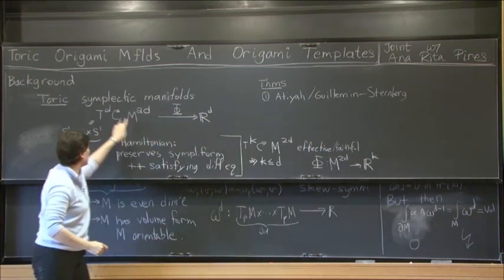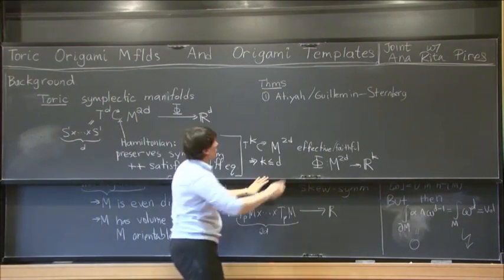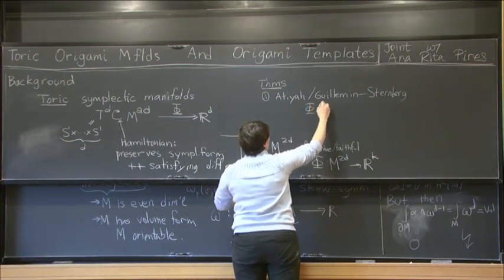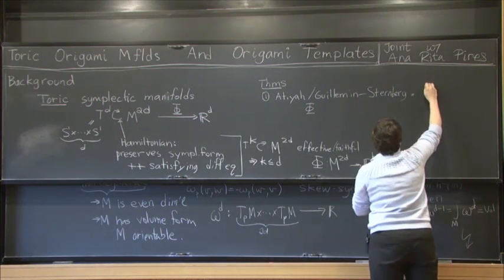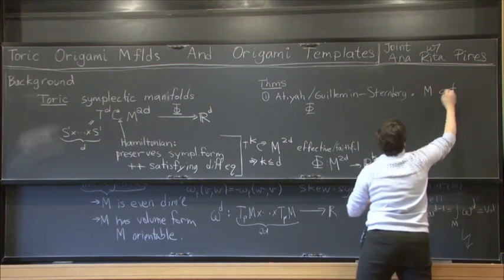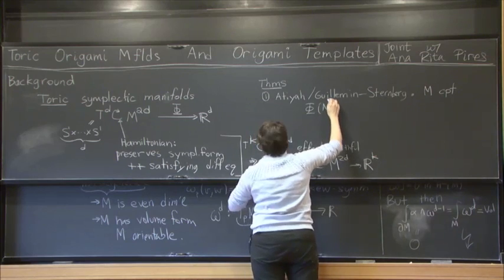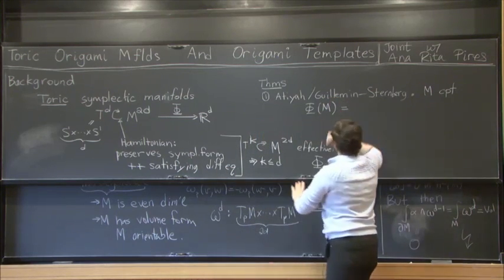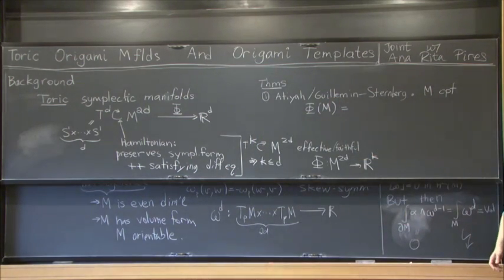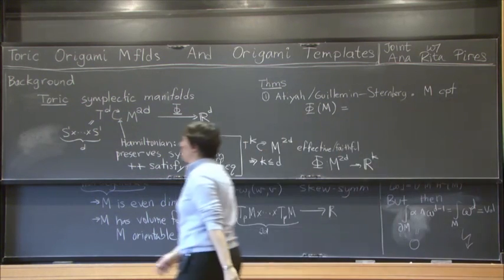K is the dimension of the torus. They showed that phi of M, if M is compact, which all of our examples are, is a convex polytope.